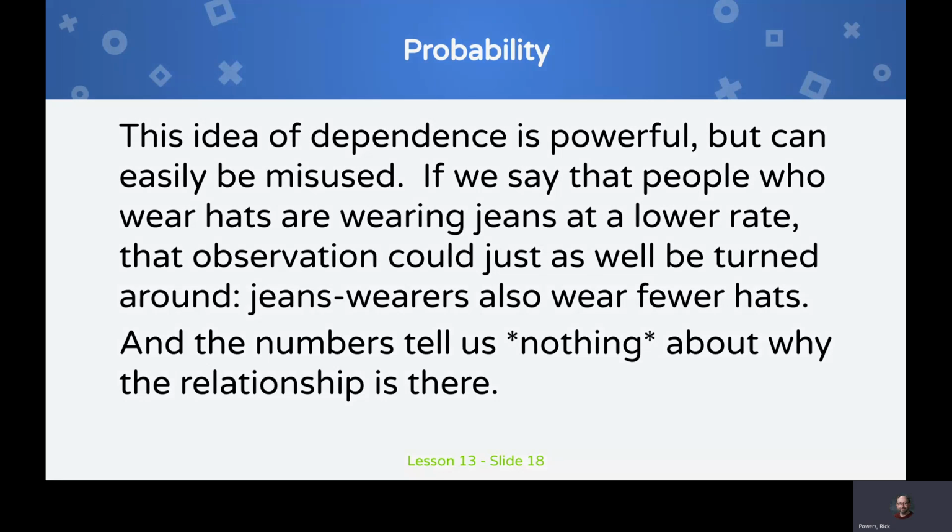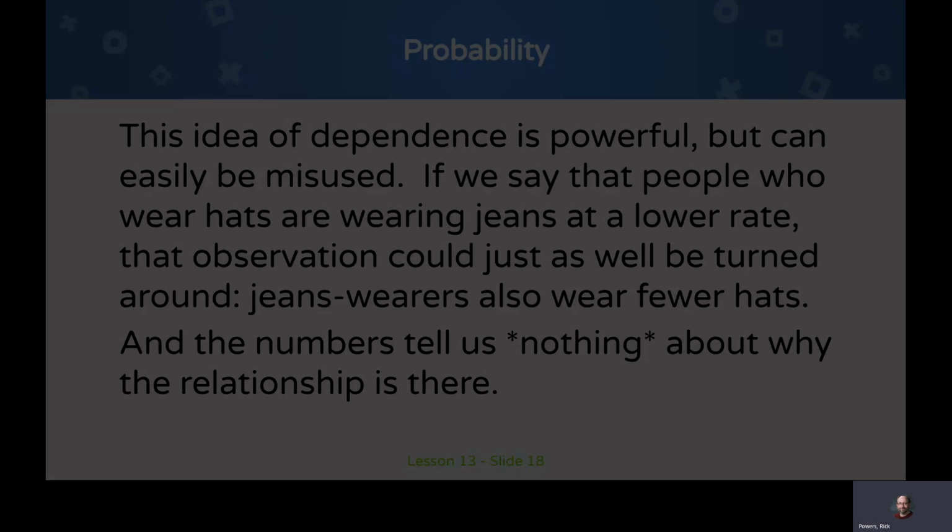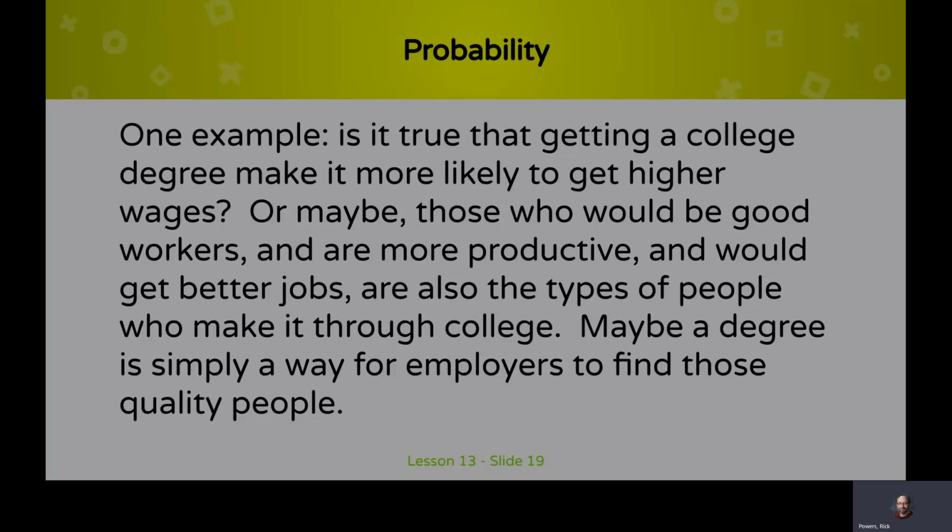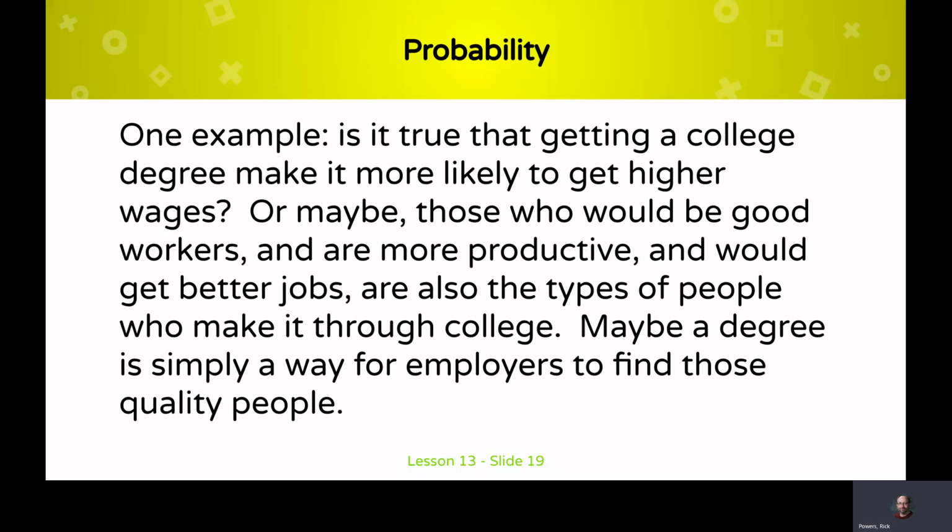One example. Is it true that getting a college degree makes it more likely to get higher wages? Or maybe those who would be good workers and are more productive and would get better jobs are also the types of people who make it through college. Maybe a degree is simply a way for employers to find those quality people.